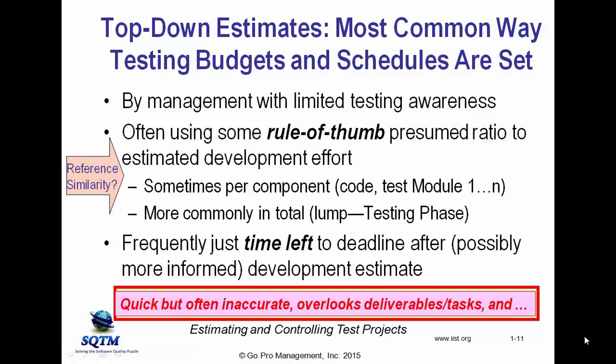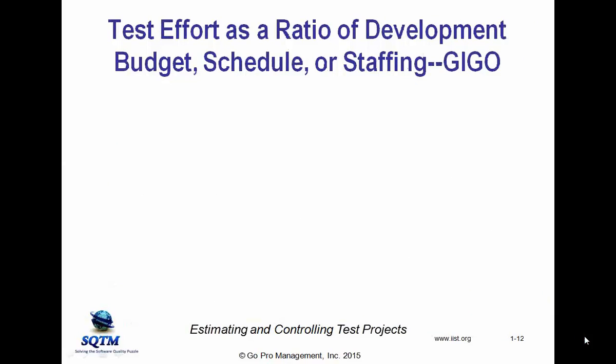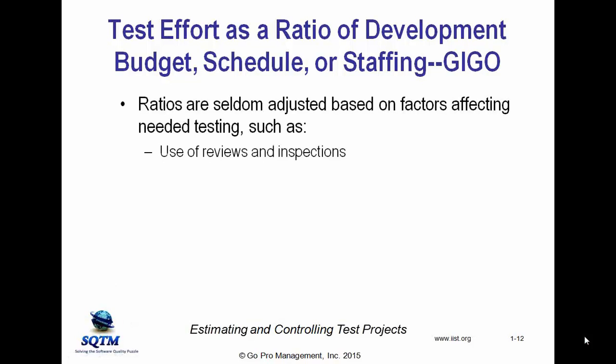So the problem is that estimates that are based upon development generally have very little to do with the testing that's needed. And there are some other issues. Those ratios or rules of thumb very seldom get adjusted based upon relevant factors, things that might affect how much testing you need to do.